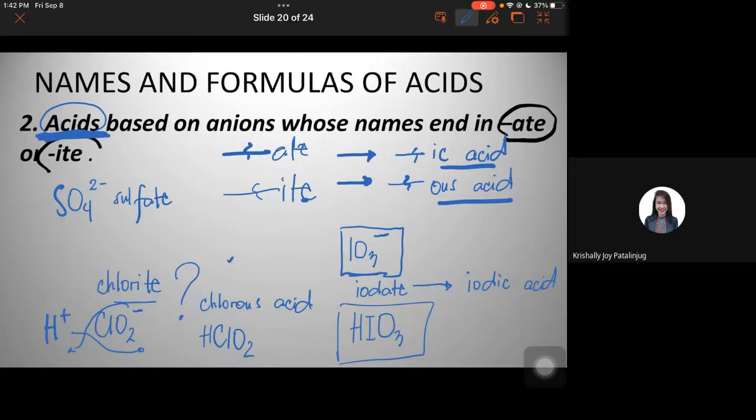There's no such term as sulfic acid. The appropriate name of the acid is sulfuric acid. It still ends with ic acid. So that's the acid name derived from sulfate.